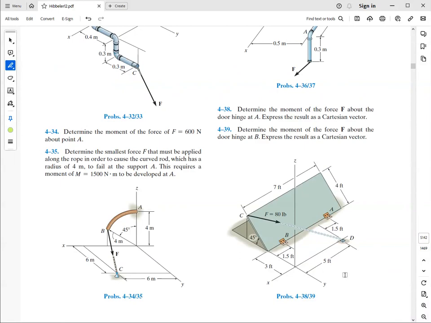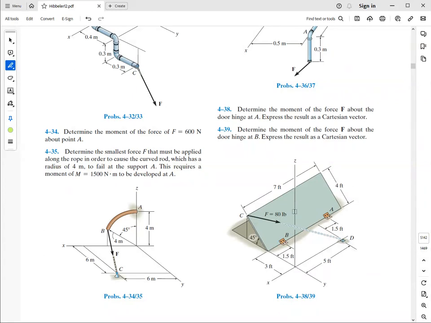So in this problem, 39, we have a hinged door, and the door is held open by this chain. As you can see, the chain is slanted, not the natural way you may think of anchoring this door.